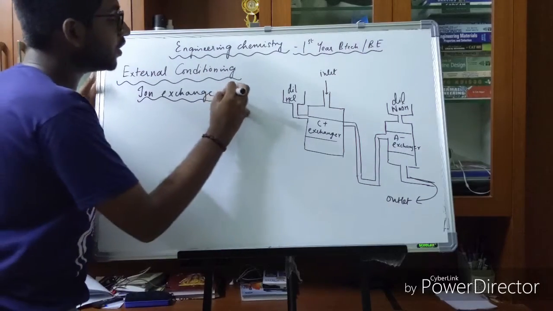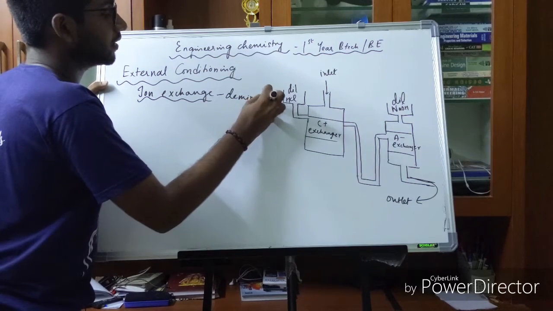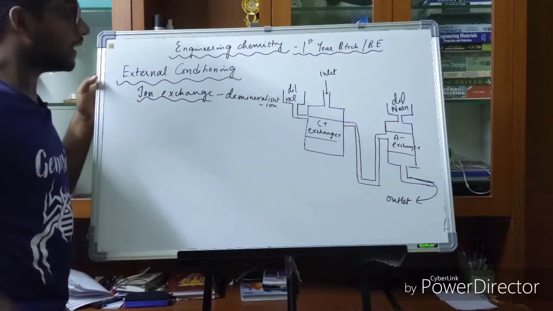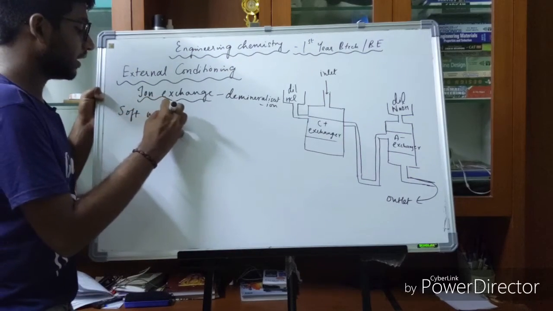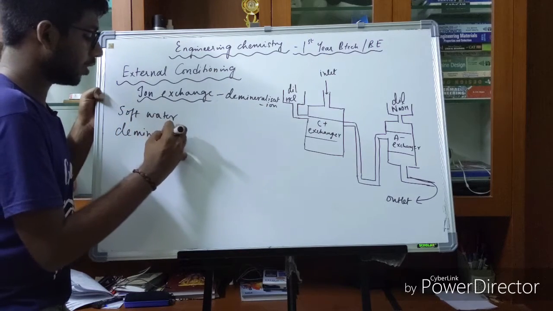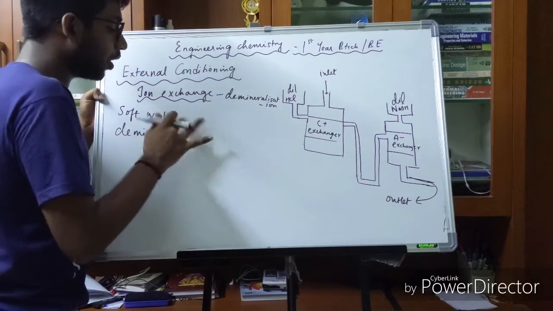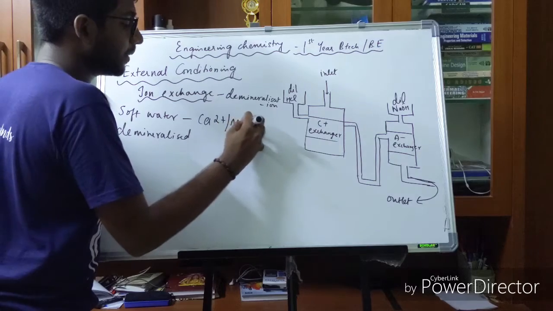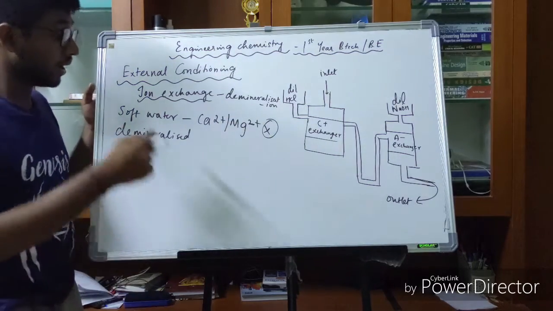Ion exchange is for demineralization only, and let's discuss the difference between soft water and demineralized water. Soft water is water which does not have calcium and magnesium ions.